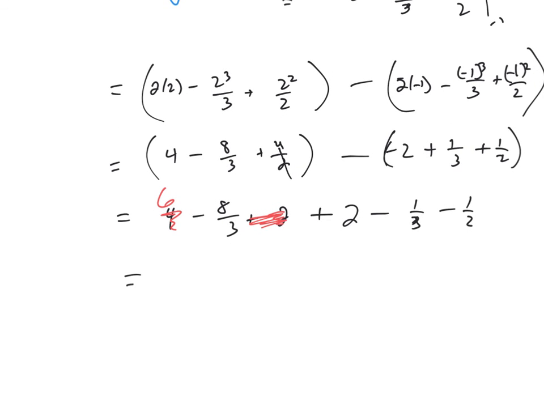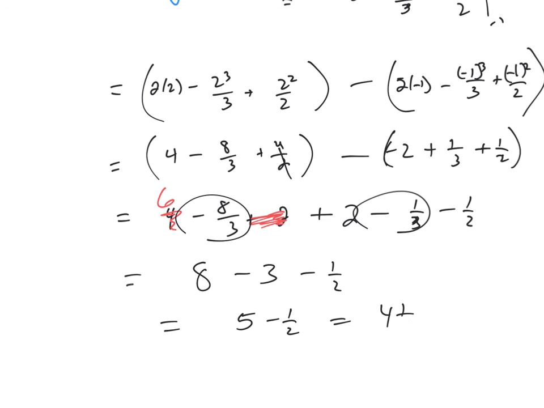So I've got 6 plus 2, 8 is my whole number, negative 1/3, and negative 1/3 is negative 9/3, which is a negative 3. Minus 1/2, I'm getting to 5 minus 1/2, and there's your 4 1/2, or 9/2.